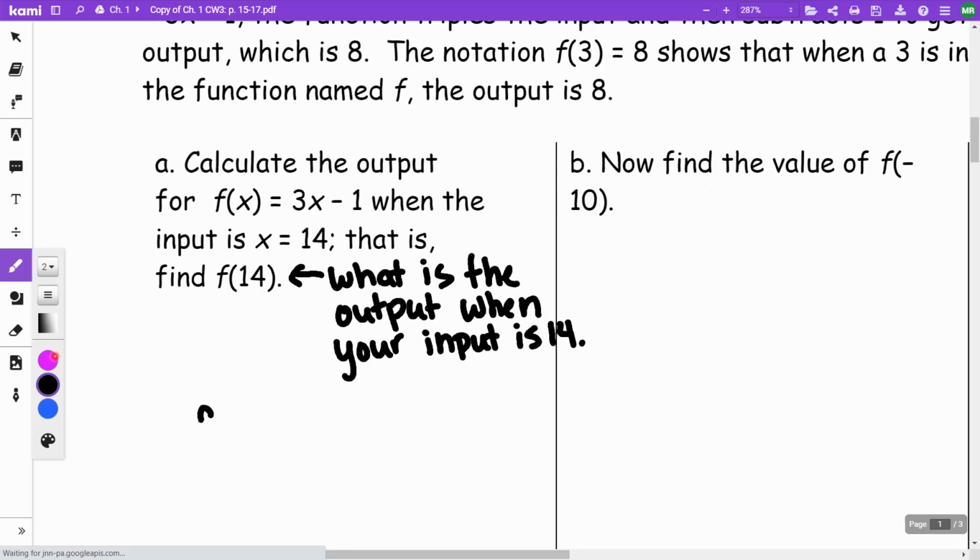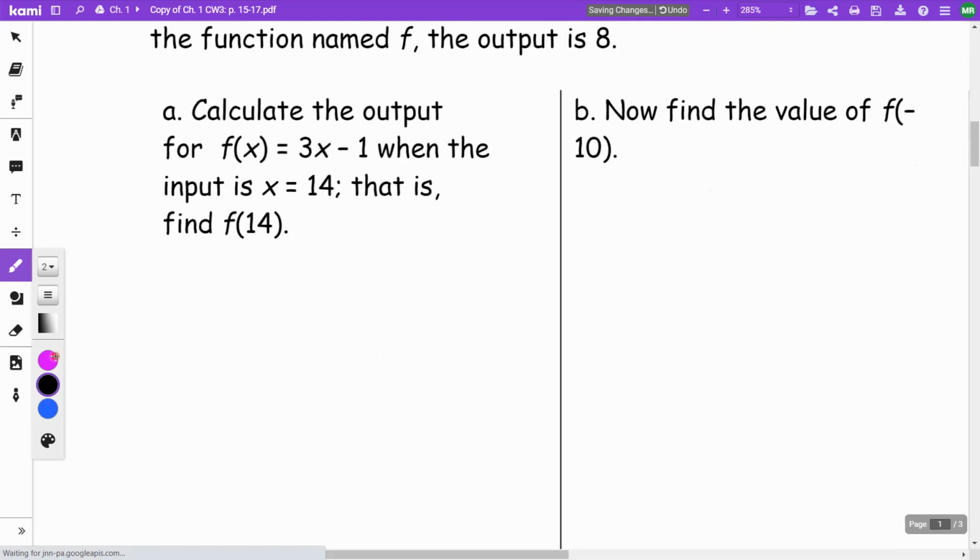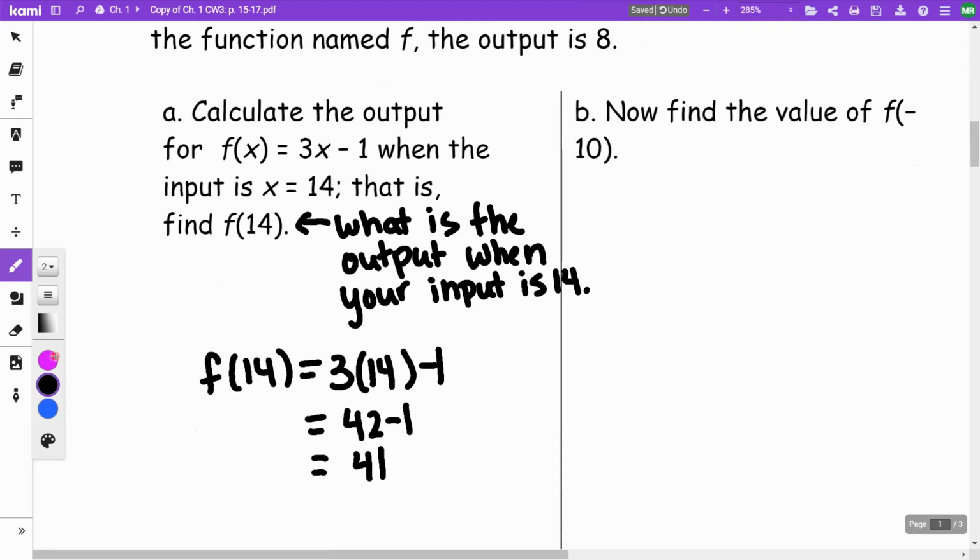So we have f of 14 is equal to 3 times, and in place of our x, we're going to put 14, minus 1. And we're going to work this out. So 3 times 14 is 42 minus 1. We get a 41. So what that means is f of 14 is 41.